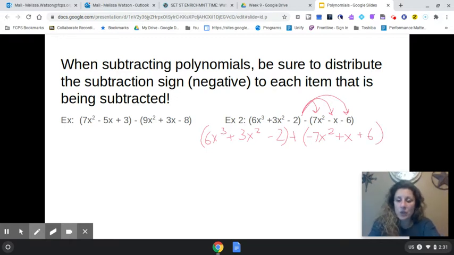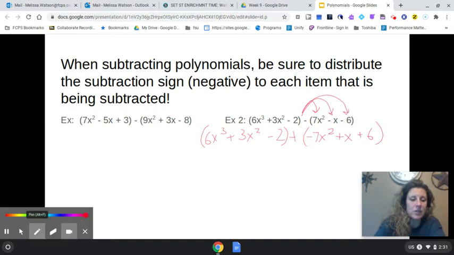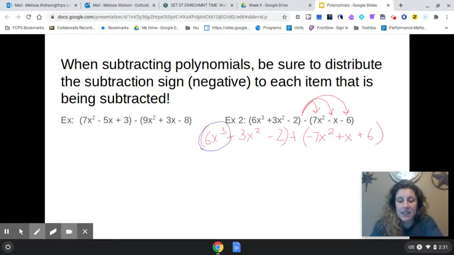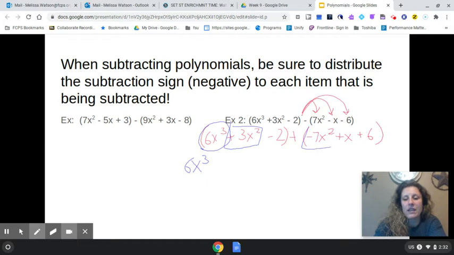All right, again, we're looking for like terms. I'm going to switch color. If we look, 6x to the third, there is nothing like it in the second polynomial. There are no x cubed terms in that second polynomial. So I'm just going to bring that down. 6x cubed. The next set of like terms, I have positive 3x squared, and I'm adding on negative 7x squared. That gives me negative 4x squared.